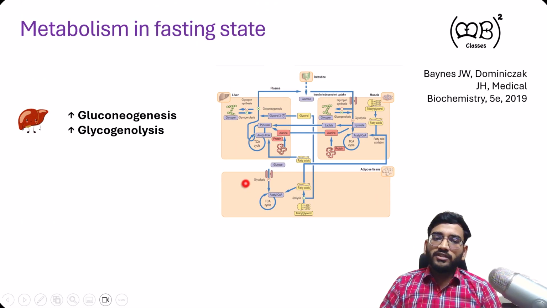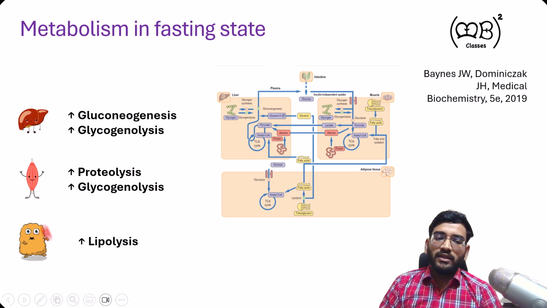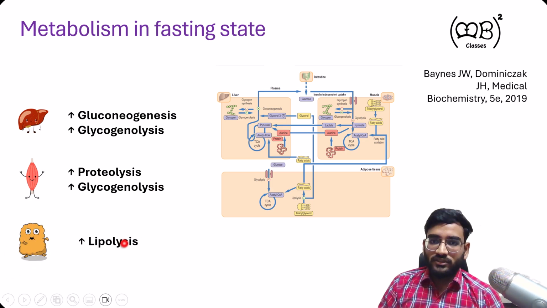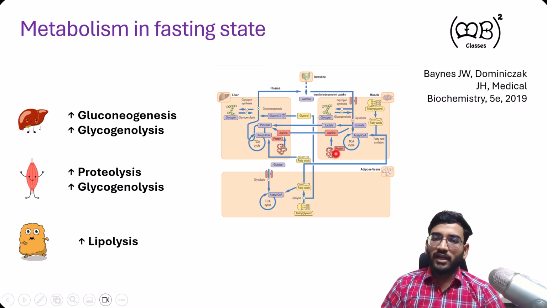Simple. So what is happening in the fasting state? In the liver, gluconeogenesis and glycogenolysis are happening. In muscle, proteolysis and glycogenolysis are happening. And in the adipose tissue, lipolysis is happening.